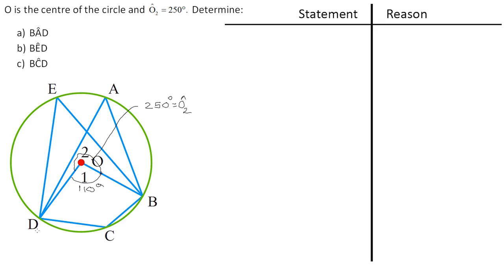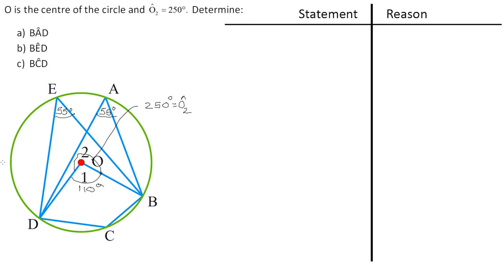And immediately by considering this, it means that DEB will be equal to half of that, which will be equal to 55 degrees. But DB also subtends angle DAB, so this will also be equal to 55 degrees.